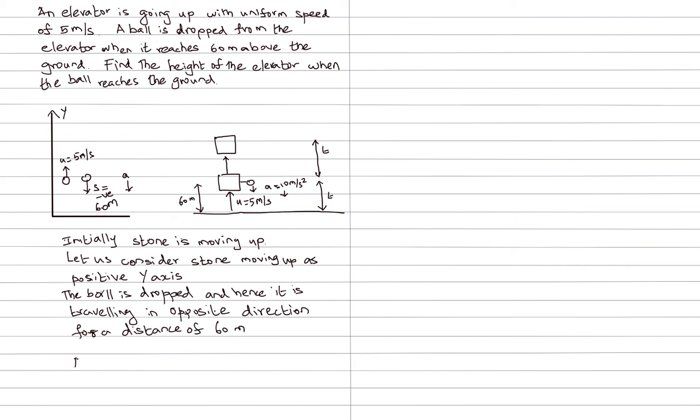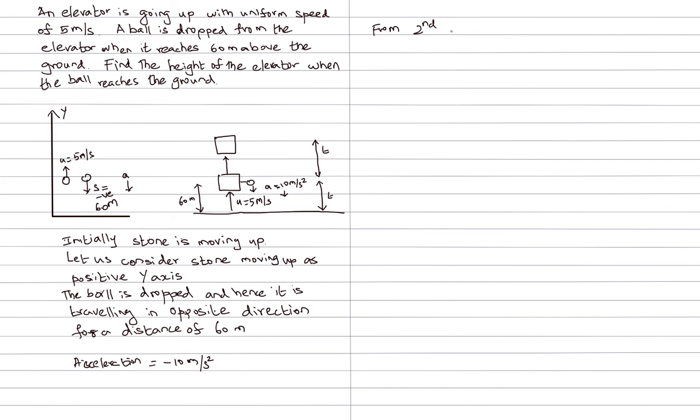So acceleration equal to minus 10 meter per second square, because we have taken stone moving up as the positive y-axis and acceleration is acting in the downward direction. So we have taken a is equal to minus 10 meter per second square. We know there are three equations of motion.